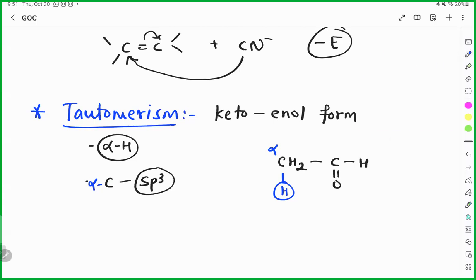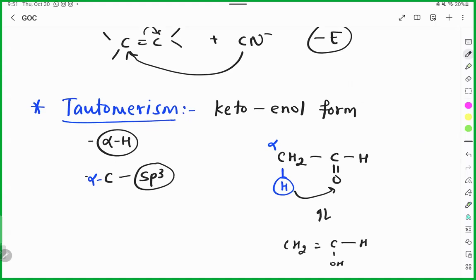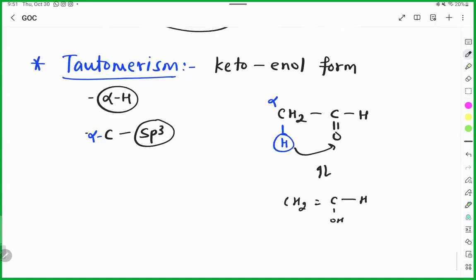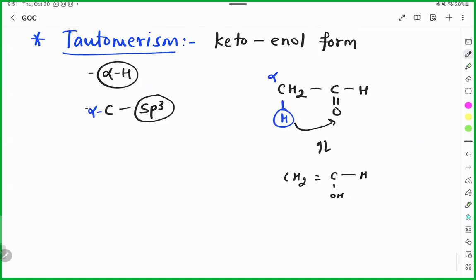Tautomerization can occur, and this hydrogen will go here. So what will happen? CH2 double bond C OH H. This is tautomerization. So alpha hydrogen is a must, and sp3 hybridized carbon is a must. And that is all about the summary of this.